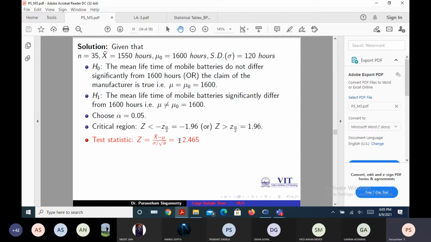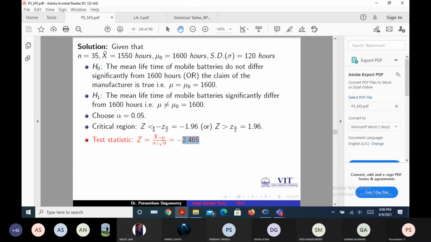Or this value minus 2.465, is it less than minus 1.96? Means your critical region is the region where you are going to reject the null hypothesis. This minus 2.465, is it below the minus z alpha by 2? Yes, sir.